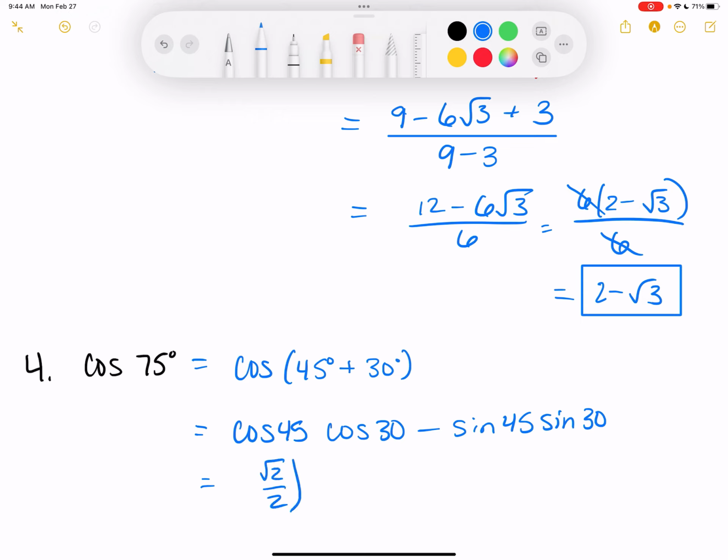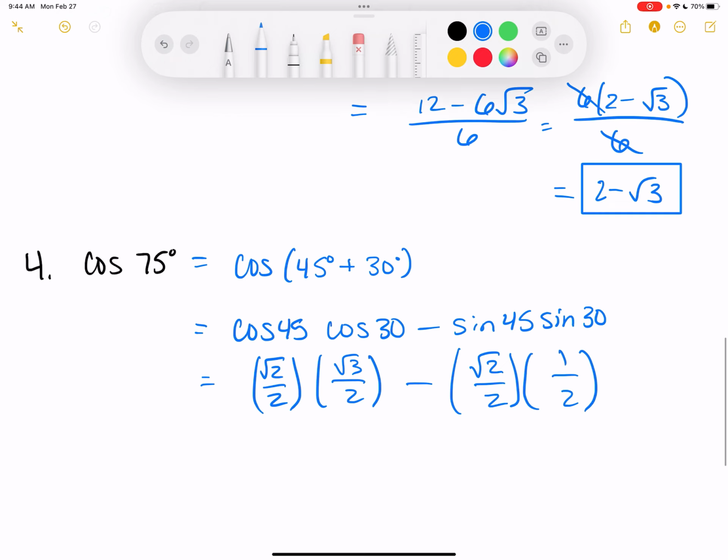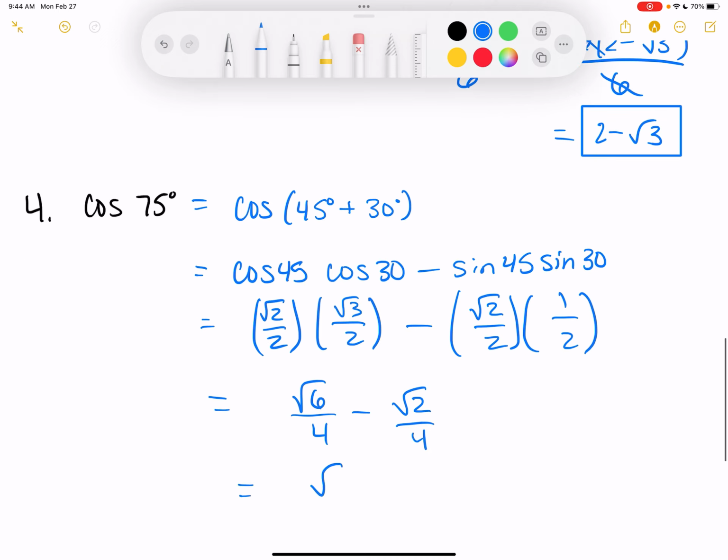Cosine 30, root 3 over 2, minus sine of 45, root 2 over 2, sine of 30, 1 half. So then I have root 6 over 4 minus root 2 over 4, which we write as root 6 minus root 2 over 4.